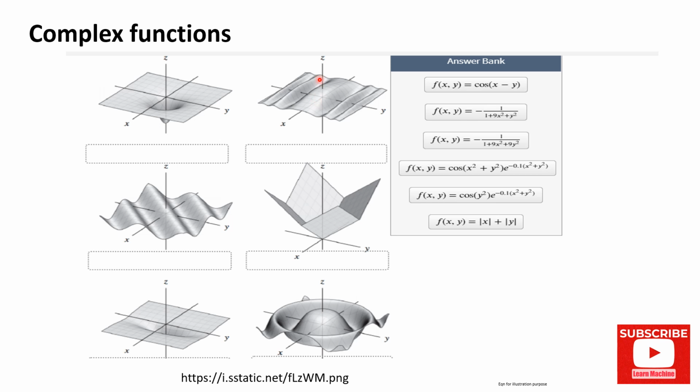Suppose, for example, salary is the z-axis, the x-axis can be experience and the y-axis can be education. So if we say z is f of x and y, and salary is a function of cos of x minus y, it can be either of these curvatures. So we are trying to visualize how complex the relationships can be.